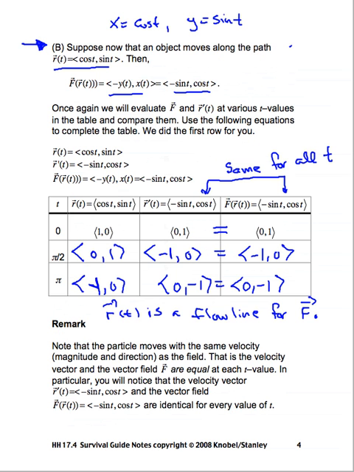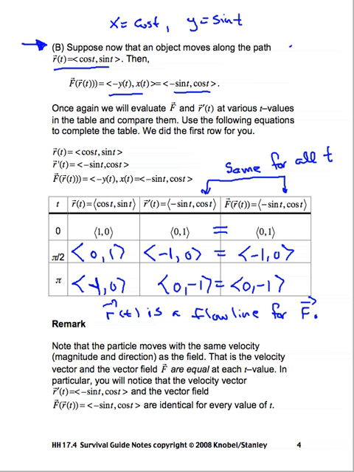So if you actually graph this path given in part B, you'll get a circle that's counterclockwise oriented, centered at the origin. So that's exactly the path that we saw C2 at the opening activity on page 1 of the survival guide. So here's a flow line.